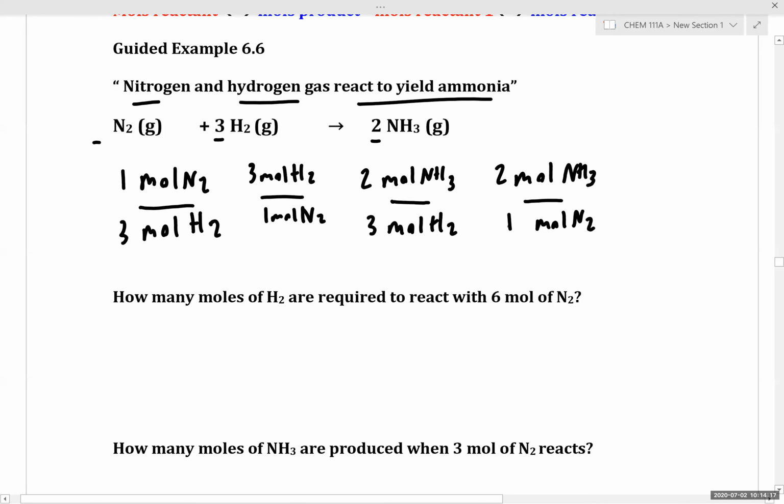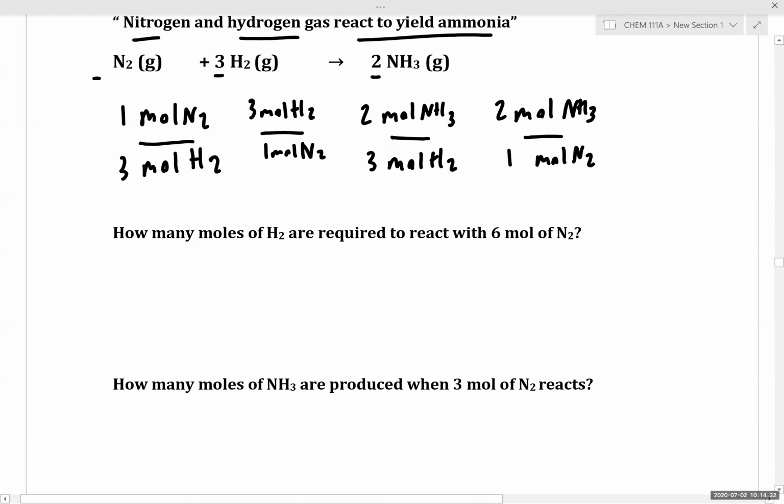So as you can see, looking at a chemical equation, we can generate a plethora of mole-to-mole ratios. Now it's our job to selectively pick the mole-to-mole ratio that would help us solve this problem. So looking at our example, we're asked how many moles of hydrogen are required to react with 6 moles of nitrogen.